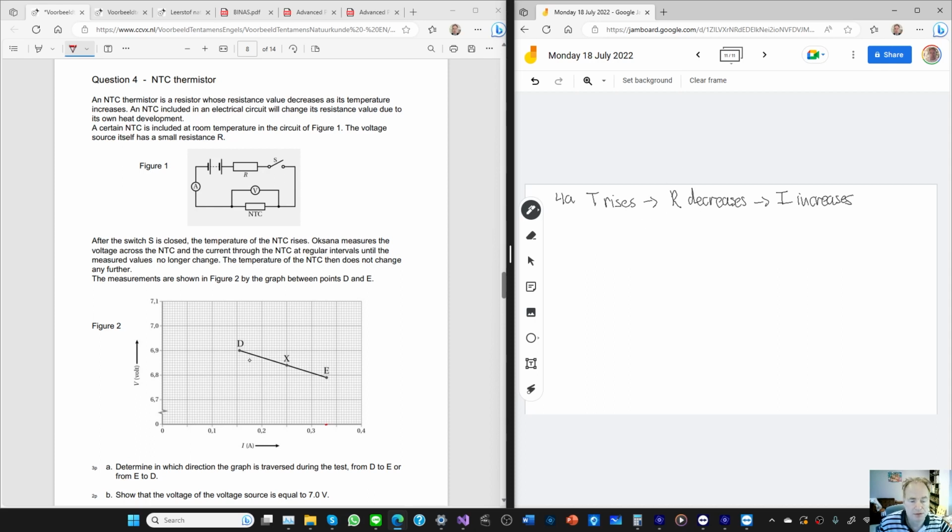So which one has the highest current? Well, E. So D has the lowest current. So the experiment started at D.